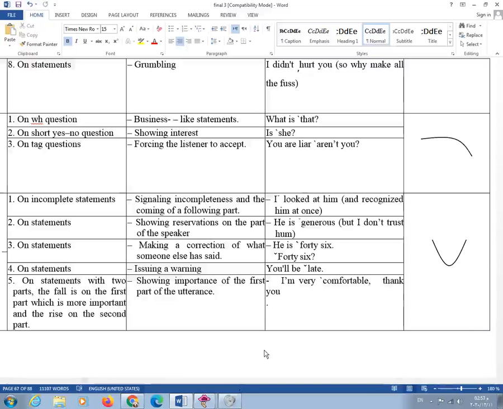So it needs time, patience, and perseverance in order to acquire English intonation. And remember that intonation is very important because it takes you to the next level, and you go the extra mile, by the way, when you learn English intonation, because it's a very important tool.